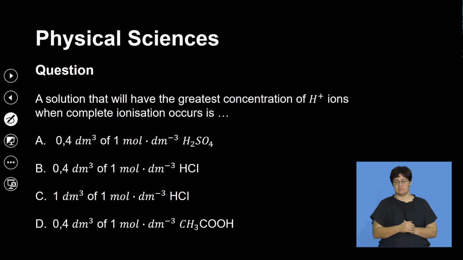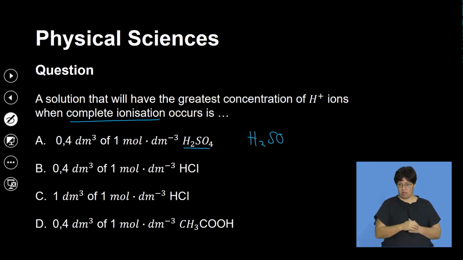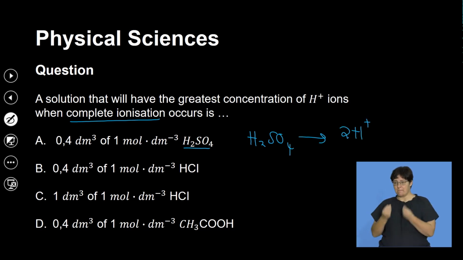And then in the next question, we have a solution that will have the greatest concentration of hydrogen ions when complete ionization occurs. So what do we have here? We've got sulfuric acid. For every mole of sulfuric acid, we actually get double the number of moles of hydrogen ions, and the sulfate, 1.